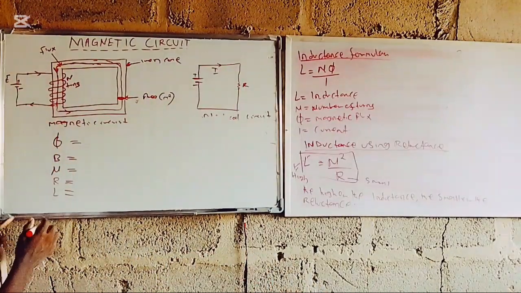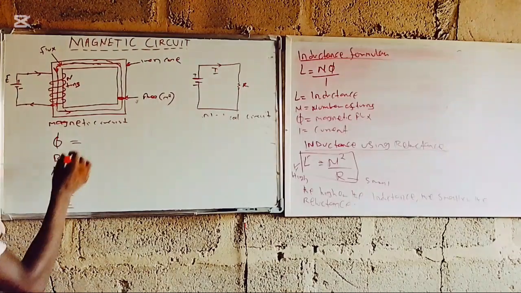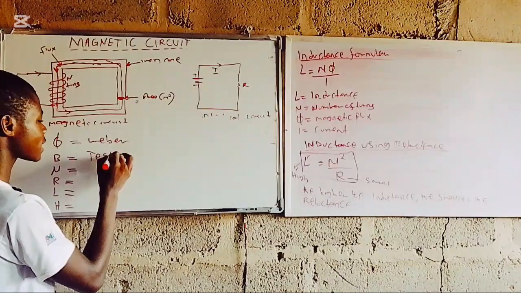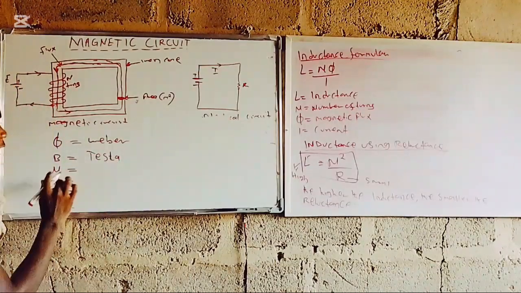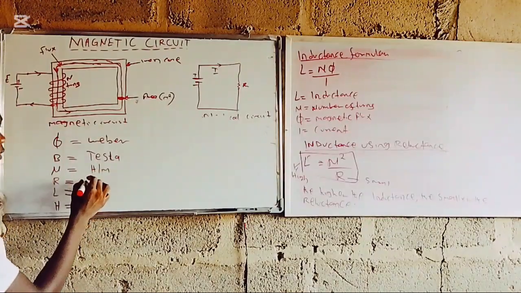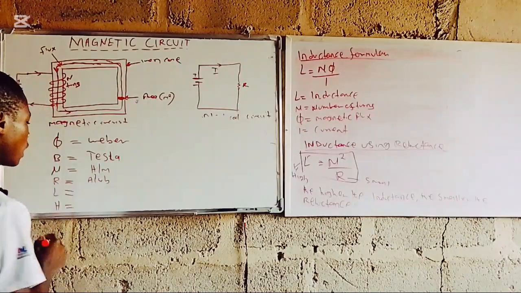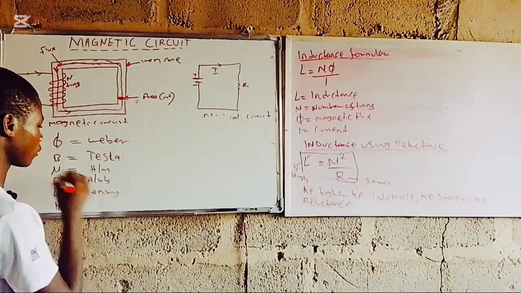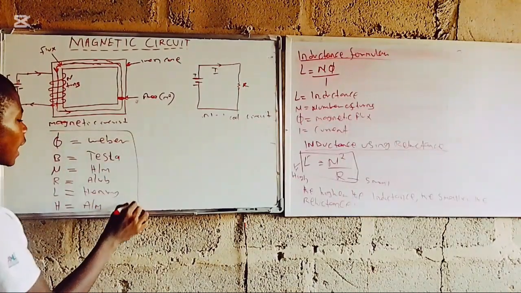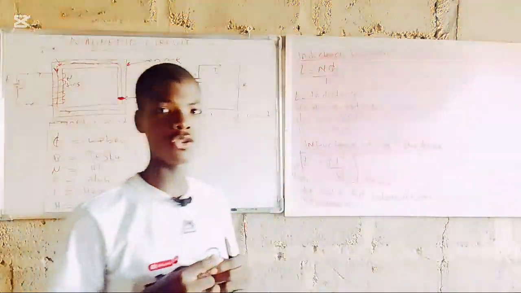The magnetic flux is in Weber, the flux density is Tesla, mu is Henry per meter, and the reluctance is ampere per Weber. So here are some values with their units that you are supposed to know, guys.